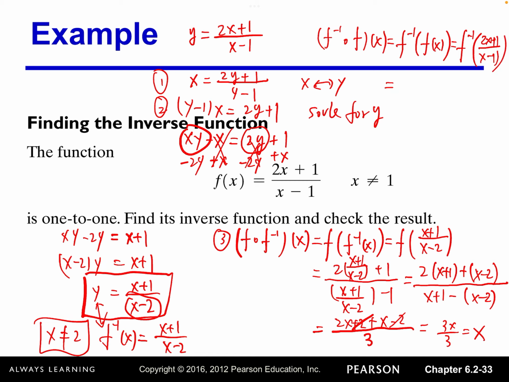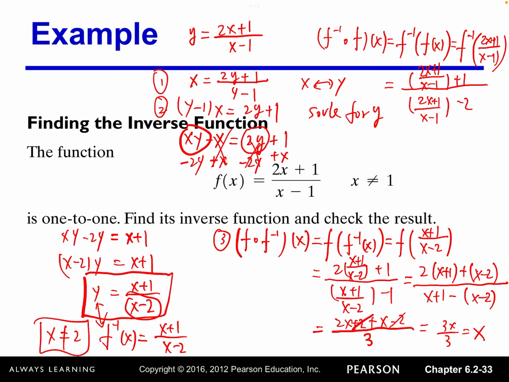And then plug into the outer function. The outer function is x plus 1 over x minus 2, right? And then what is x? x is 2x plus 1 over x minus 1, right?